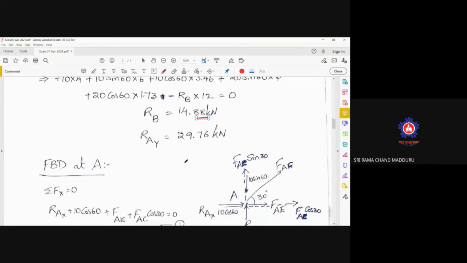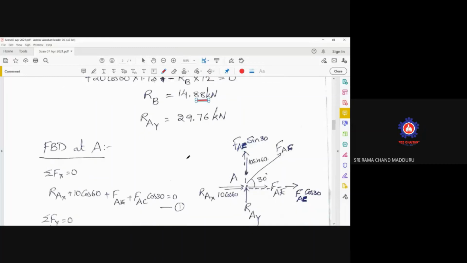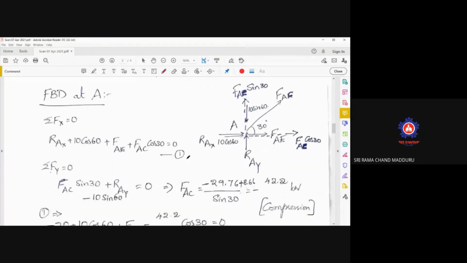Then what you have to do? You have to go for each and every joint. At each joint, draw the free body diagram. Draw the free body diagram at A. This entire problem is in the shared PDF for you, you can check it.